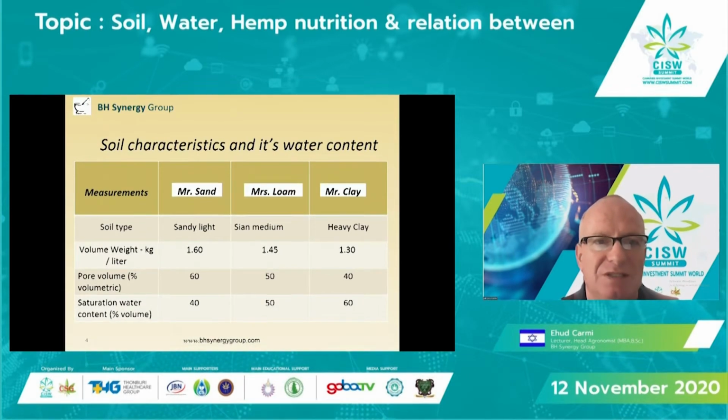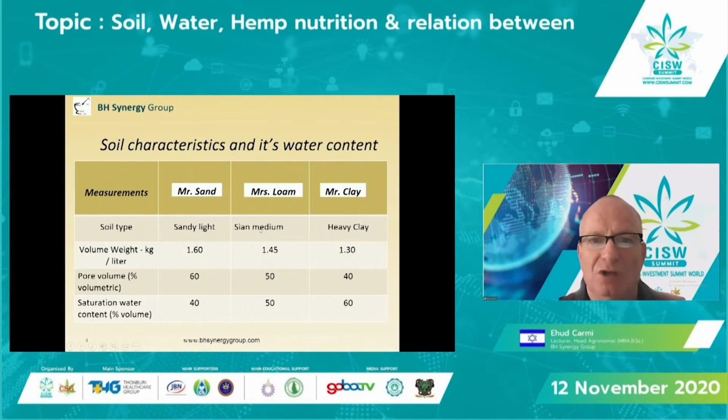It means that there are a lot of pores between the particles, so water goes inside with better drainage. The volume of the pores is very high, but the saturation of water is low because the ability to hold the water is not so good.